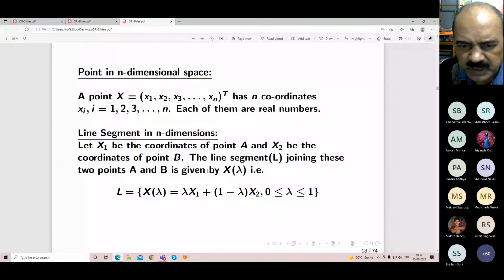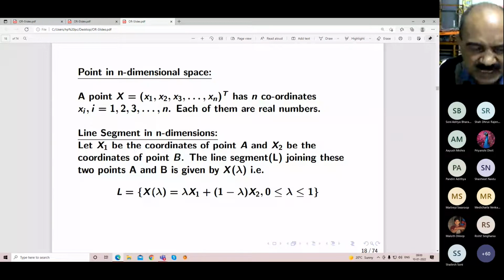Now we are talking about the line segment. Line segment means the line joining these points A and B. If you join these two points A and B, we have a line segment. So how to define the line segment mathematically? We say L is the line segment.